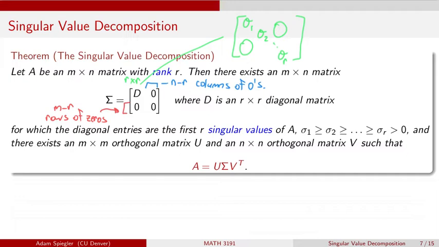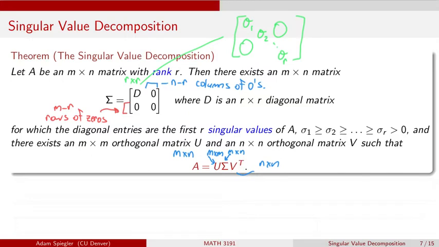This is going to allow us to take this matrix A, which we started with as an m by n matrix, and decompose it into an m by m orthogonal matrix U times an m by n matrix sigma, which is not quite diagonal, and then we multiply on the right by V transpose, which is an n by n matrix, where V is an orthogonal matrix.